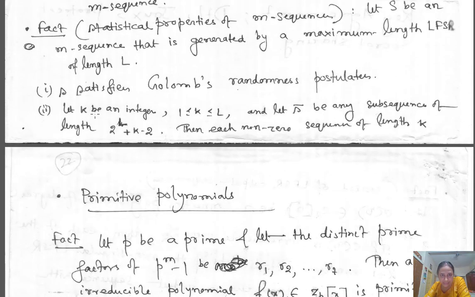It says k is between 1 and L, and S bar is any subsequence of length 2 to the power L plus k minus 2. Then each non-zero sequence of length k, any non-zero sequence you pick, is a pattern of 0s and 1s of length k.